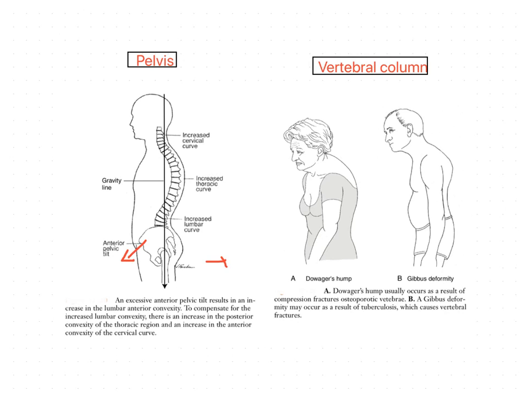The lumbar vertebrae are forced anteriorly, thereby increasing the anterior convexity, that is, the lordotic curve is going to increase. Therefore, the LOG falls at a greater distance from the joint axis. So this LOG, normally it falls on the vertebral bodies. Now it is falling far away from that joint axis.